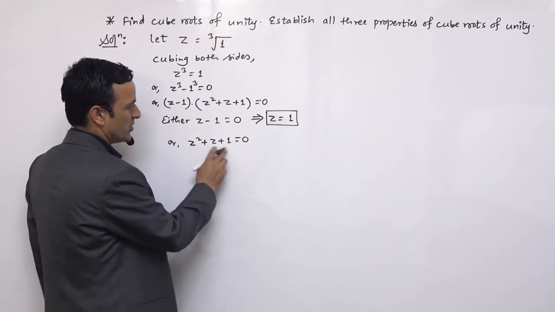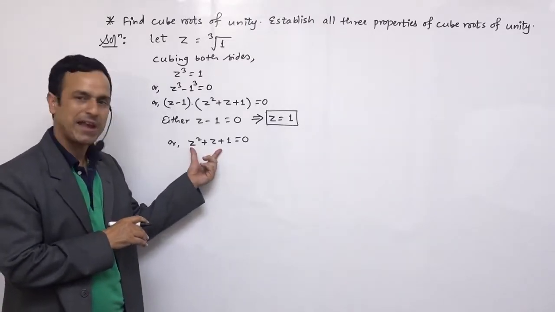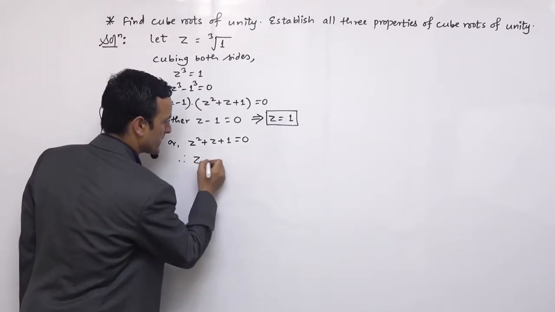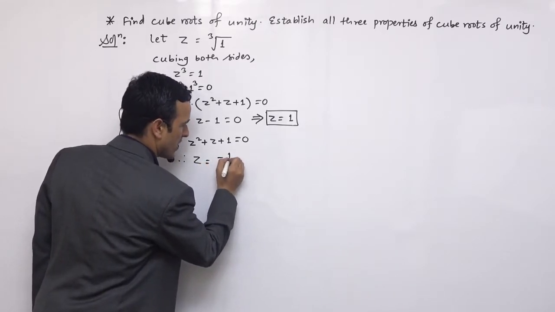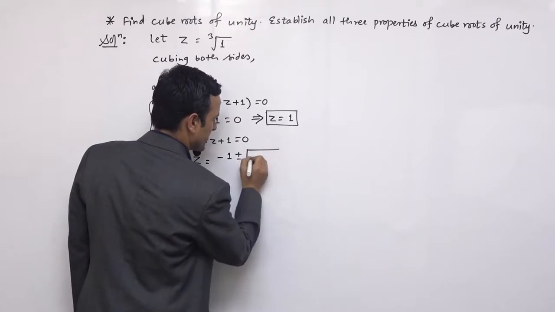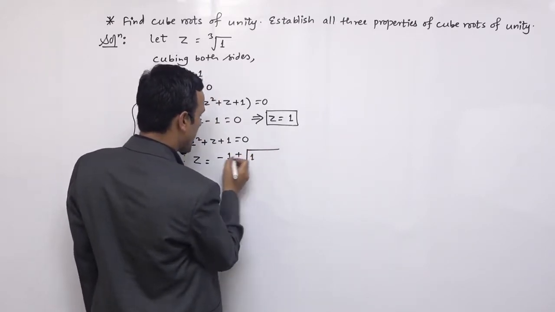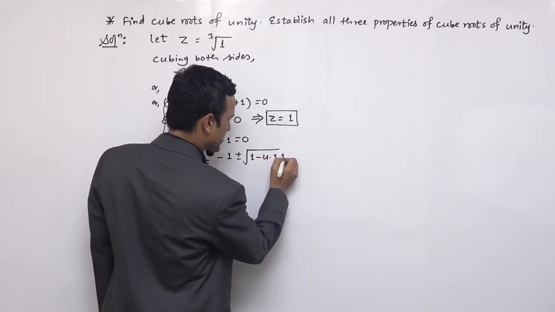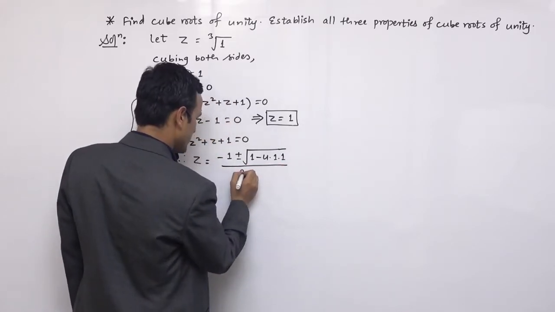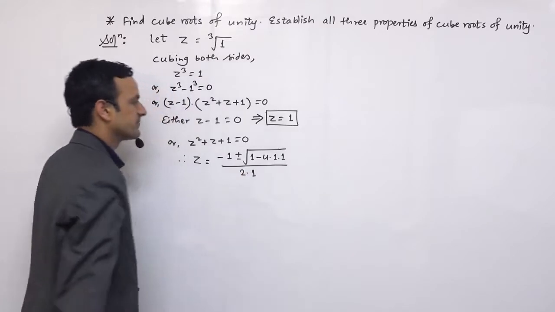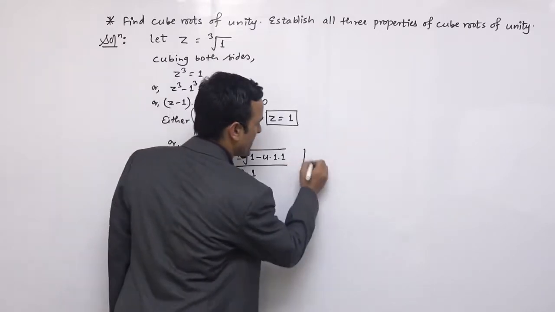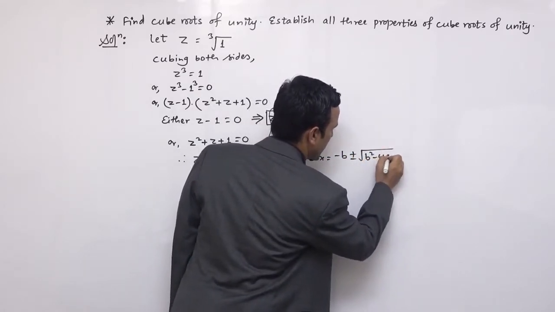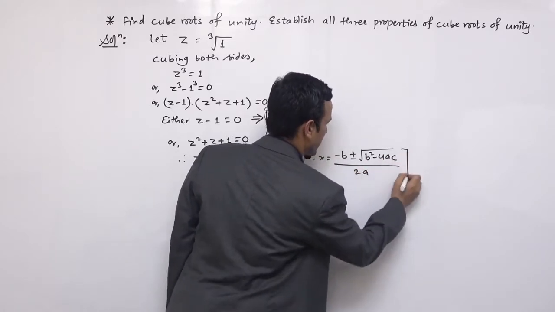And similarly, if we solve this equation, then we can find out the value of Z. So here the value of Z is equal to minus B plus minus square root of B square minus 4AC divided by 2A.